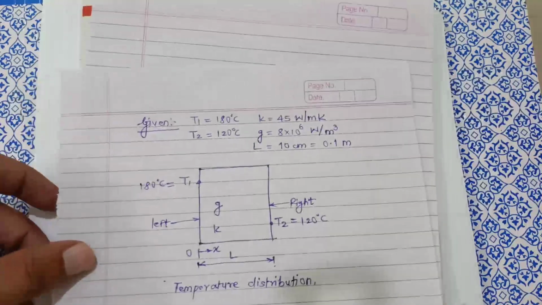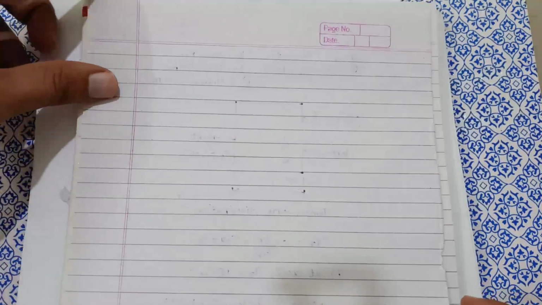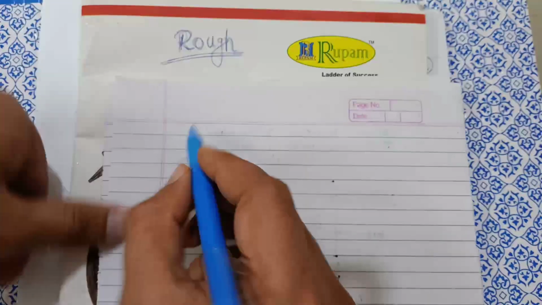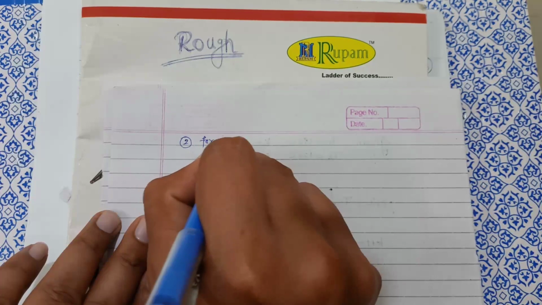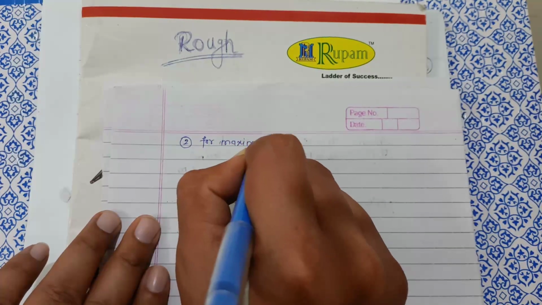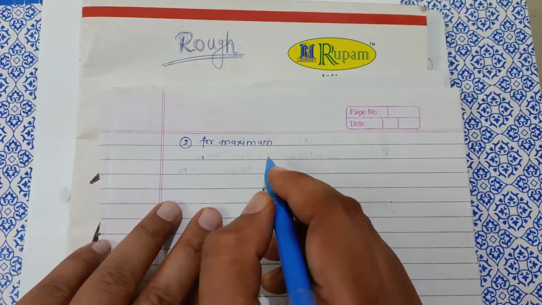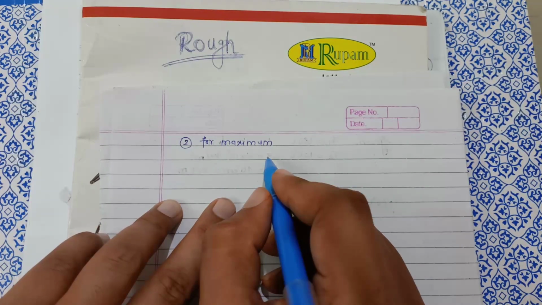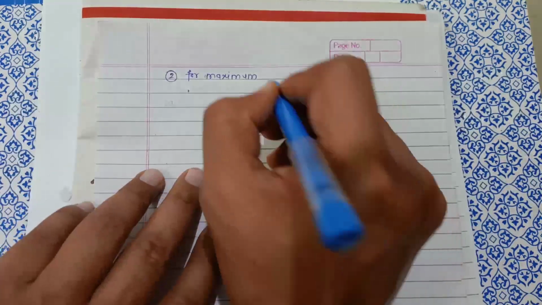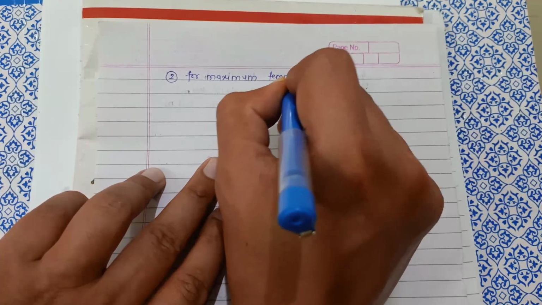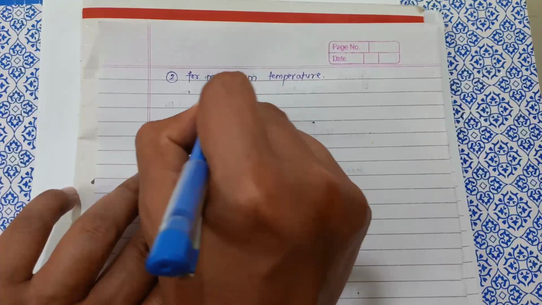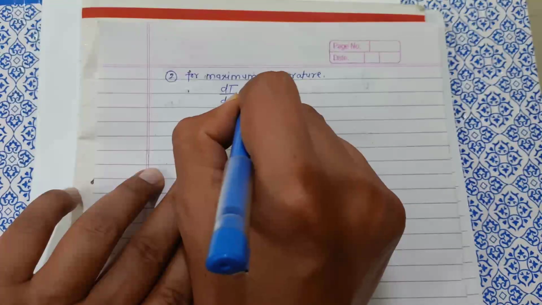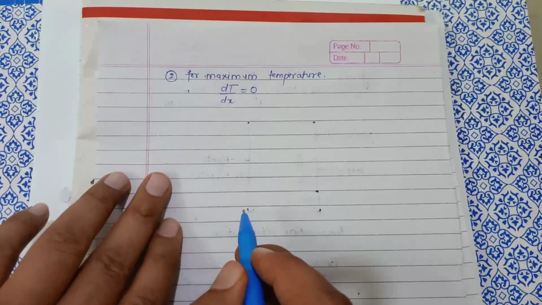In the second part, we are supposed to determine the location and magnitude of the maximum temperature. Okay, so remember, when you are talking about the maximum temperature, because it is the highest possible temperature inside that domain or inside that plane wall, for maximum temperature we can write that differentiation of that temperature with respect to x is exactly equal to 0.